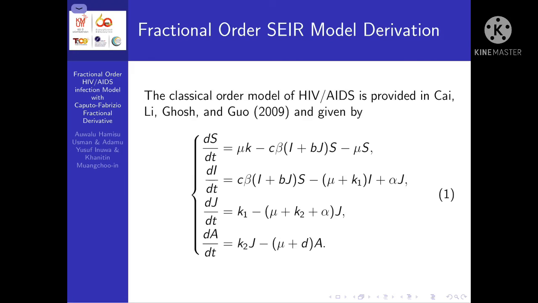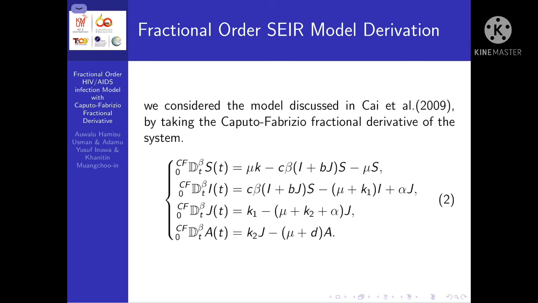Then we get the classical-order model of HIV and AIDS proposed by Professor Chai and Cruz in 2009, given by equation 1, with the derivatives dS/dt, dI/dt, dJ/dt, and dA/dt. From equation 1, we consider the model discussed by Professor Chai et al. in 2009.